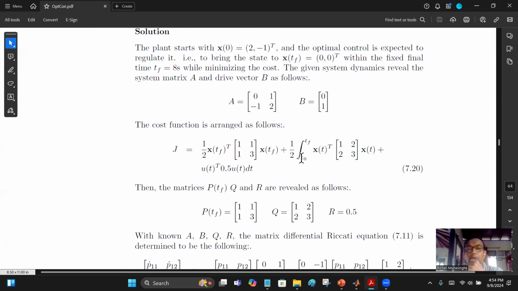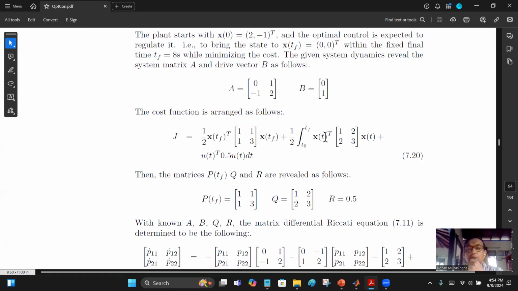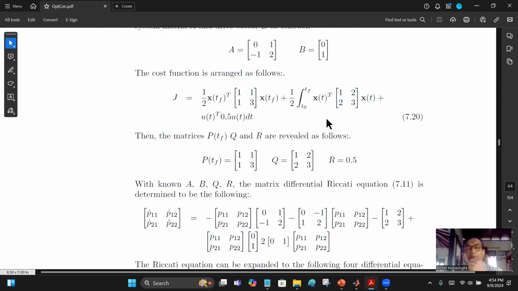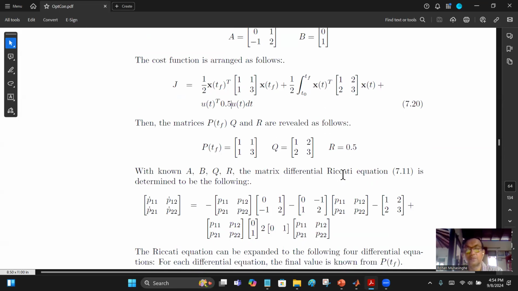So this is a Q matrix for the two state variables plus u transpose 0.5 u, right? This is actually R. So from that reformatting, we can calculate P at final time as this matrix, Q is this matrix, R is just 0.5.